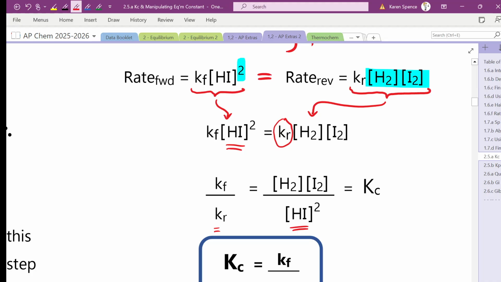And guess what? What is this thing here? That's our Keq, or Kc. So how does the equilibrium constant relate to the forward and reverse rate constants?